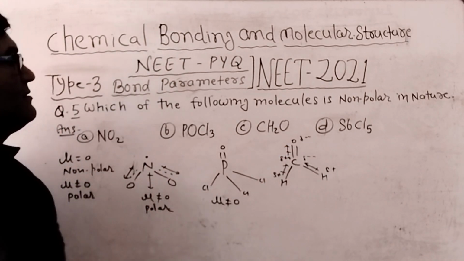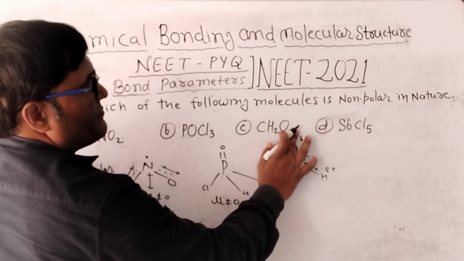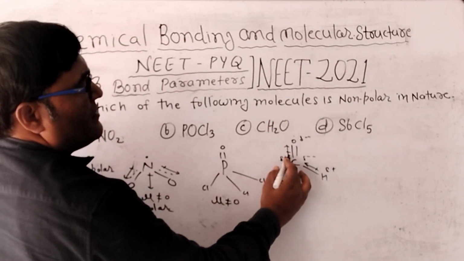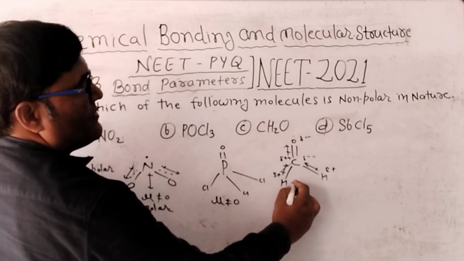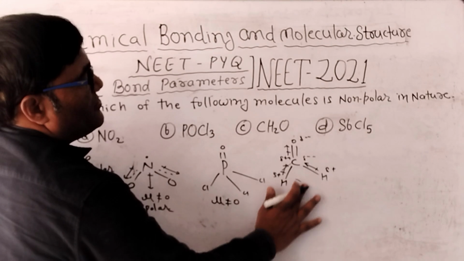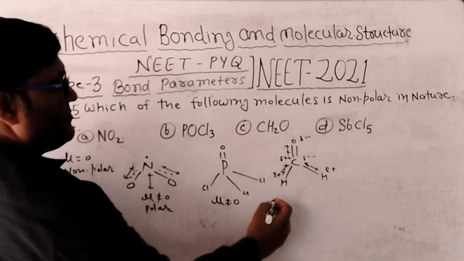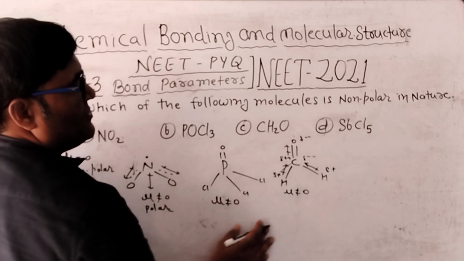Now we can observe the magnitude of this vector is on the upward side, and due to the same side, same direction of magnitude of dipole, we can add them together. So mu is not equal to 0.